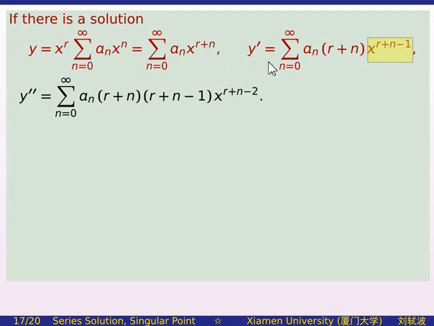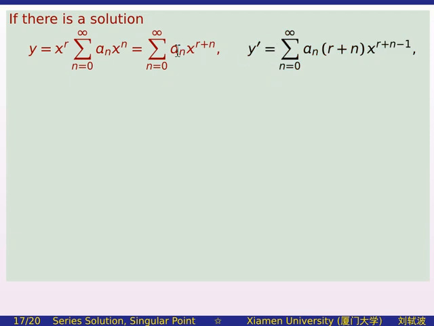So our y prime is obtained by differentiating term by term. Instead of differentiating the sum of the power series, we compute the derivative of every term and then sum up. This is important. For the second order derivative, we apply this method again, and then we get this.